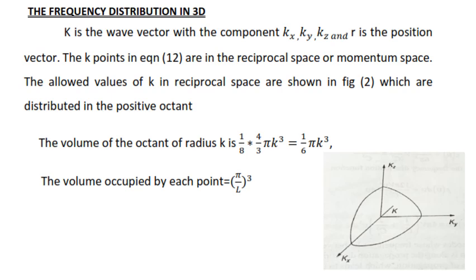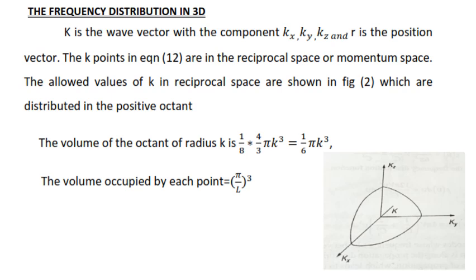Here you see this is the diagram. This is along the kx direction, this is the ky direction and kz. In some books it will be kx, this is ky and it should be kz. But our main point is that it should look like an octant.